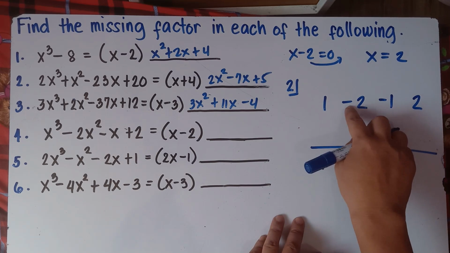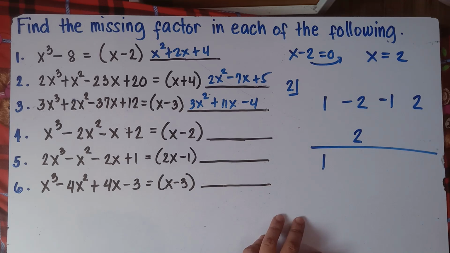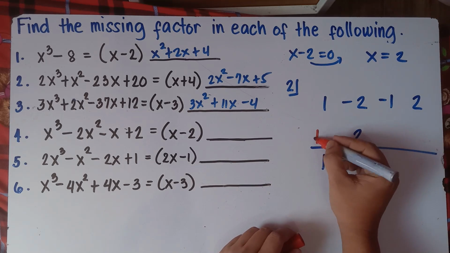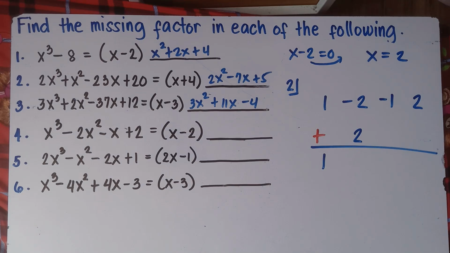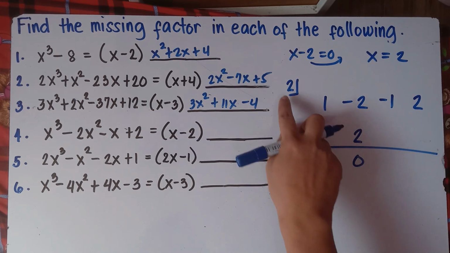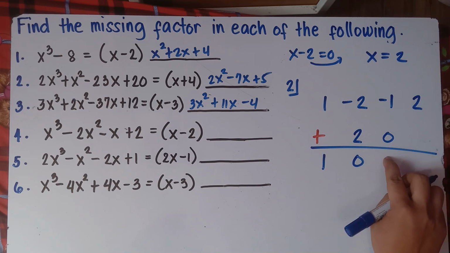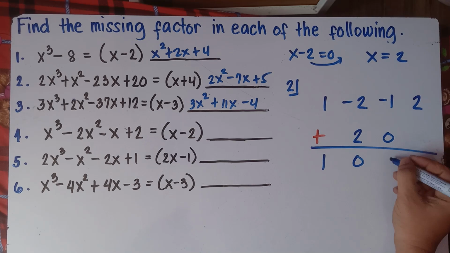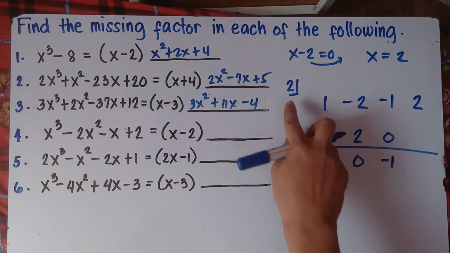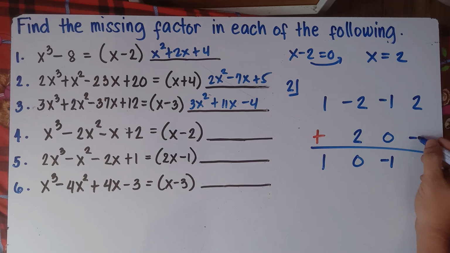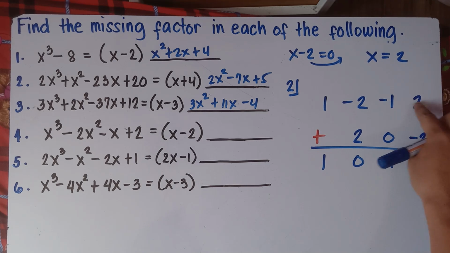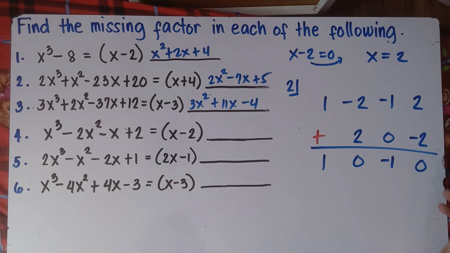Then negative 2 plus 2, that would be 0. Then you multiply. 2 times 0 is 0. Then you add. This will be negative 1 plus 0, that's negative 1. Then you multiply 2 times negative 1, that's negative 2. You combine 2 plus negative 2, that is 0.